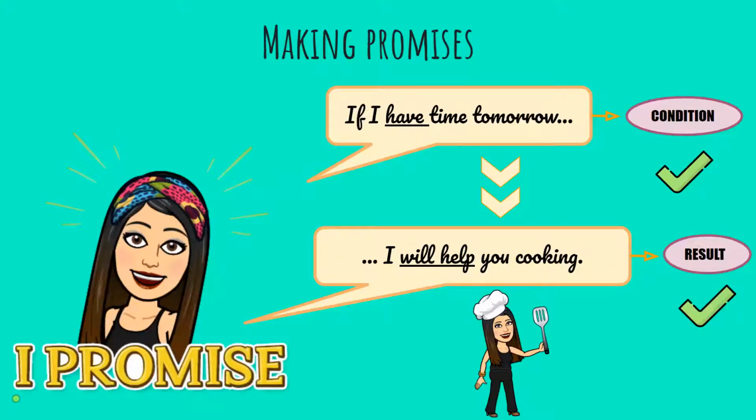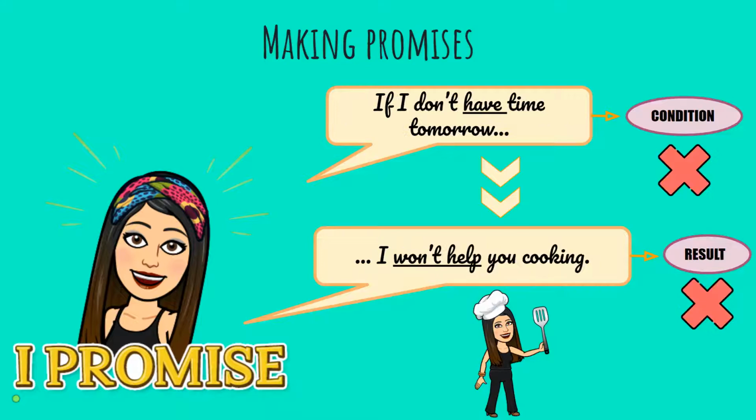But we can also use the conditional to make promises. For example, I promise you that if I have time tomorrow, that is a positive condition, I will help you cooking, positive result. But we can also express the same idea with different words. With a negative condition, if I don't have time tomorrow, I won't help you cooking, negative result.